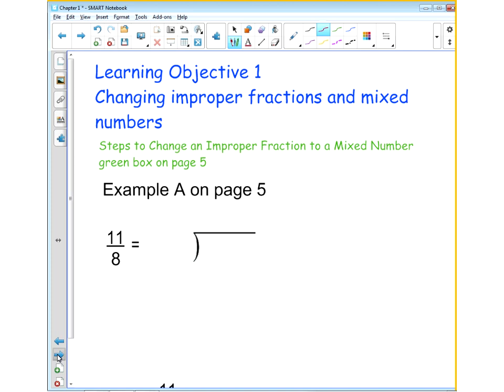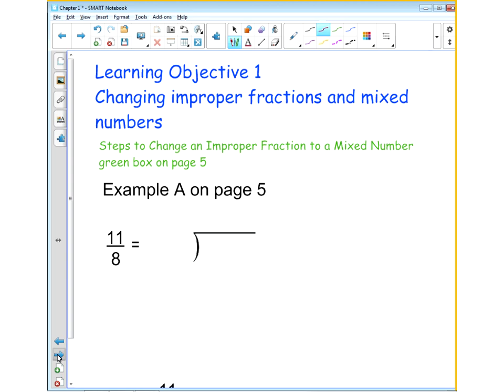This one, for example, is change an improper fraction to a mixed number. I recommend that you get some index cards and write these down, so that when you're doing the homework and the tests, yeah, you can use these on tests. All the tests are open book. You can refer to the index cards instead of trying to rifle through the book to find the steps to complete the task.